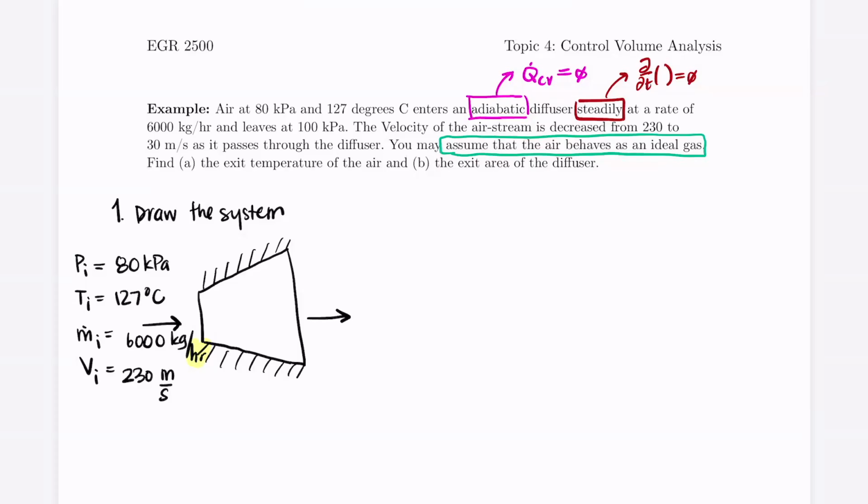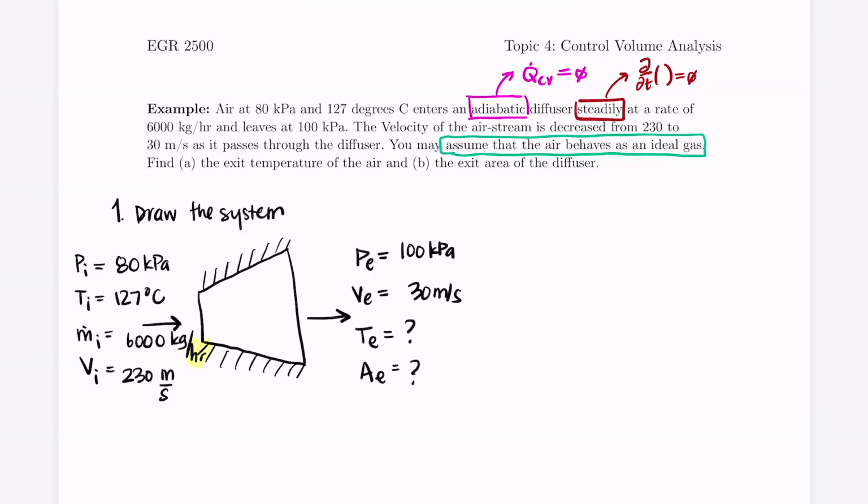Okay. And then at the outlet, we have the pressure at the exit is 100 kPa. And our velocity at the exit is 30 meters per second. But we don't know what the temperature at the exit is, and we don't know what the area at the exit is.